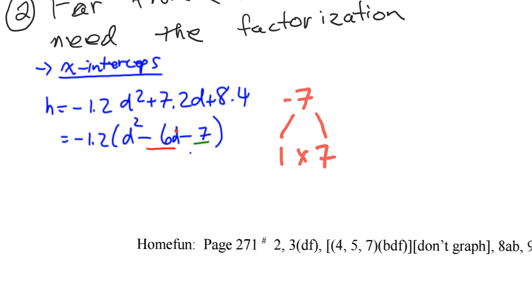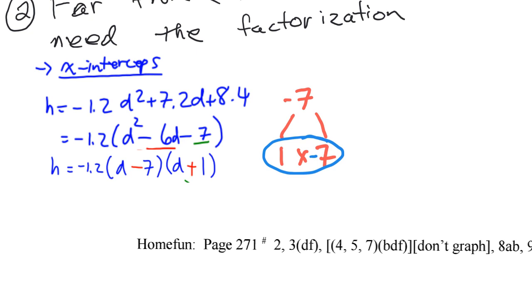The big hint is that the negative sign is going to be on the 7, the bigger number of the two, because if we add negative 7 plus 1, we're going to get negative 6. So now we have h is equal to negative 1.2 times d minus 7 times d plus 1.